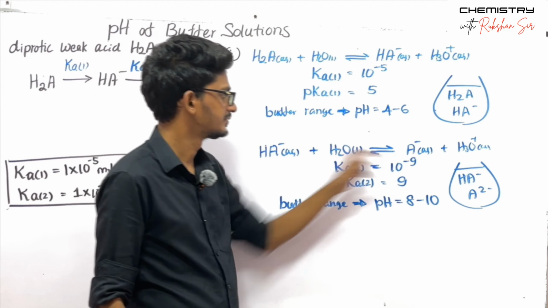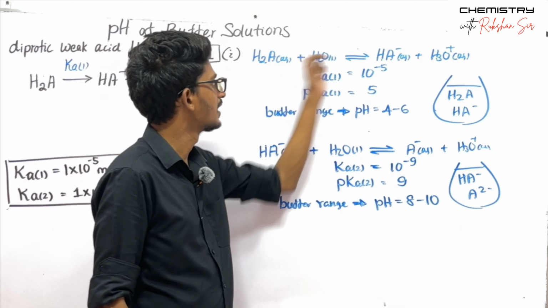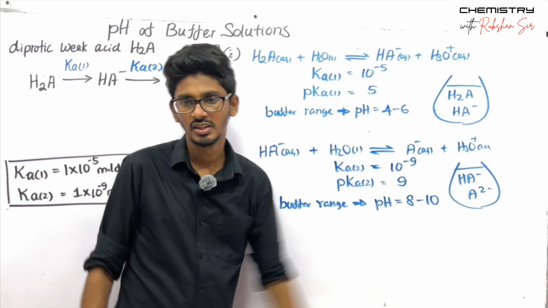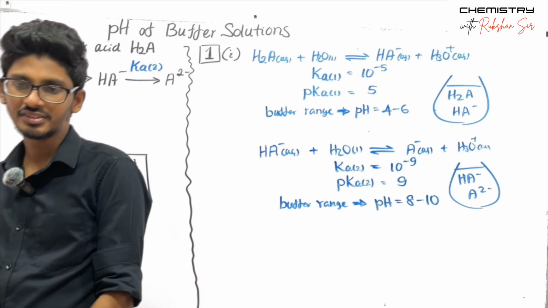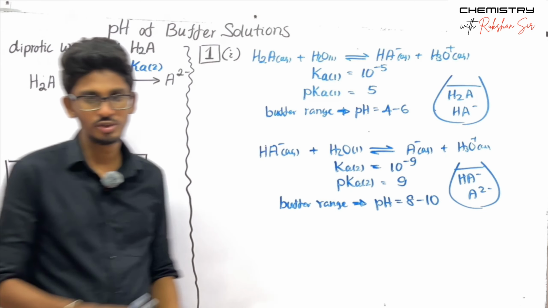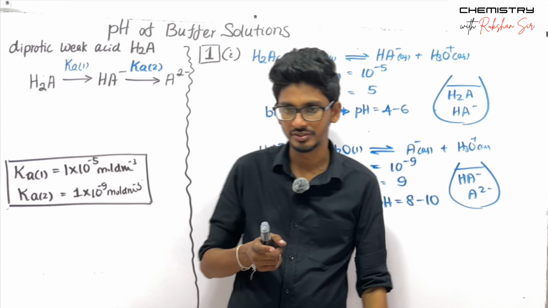This is the pair here with the Ka1. So our task is to prepare a buffer solution with pH 5.5.